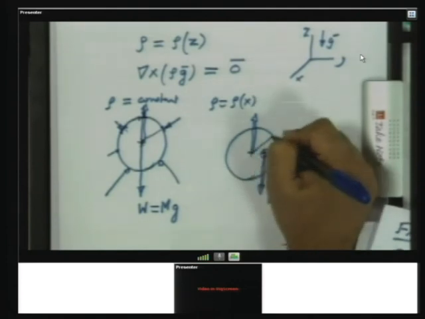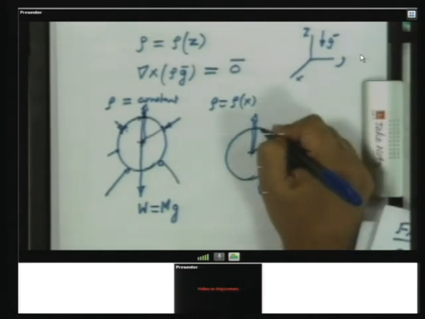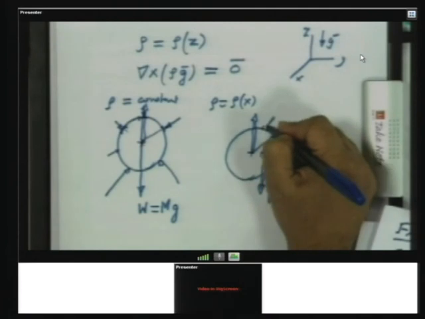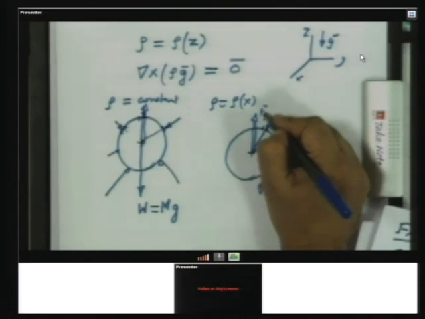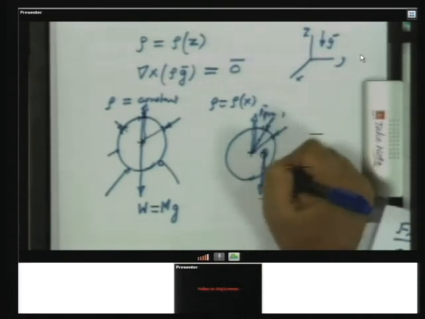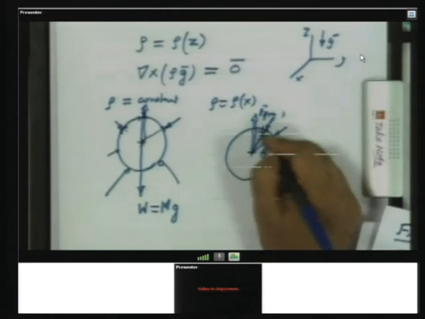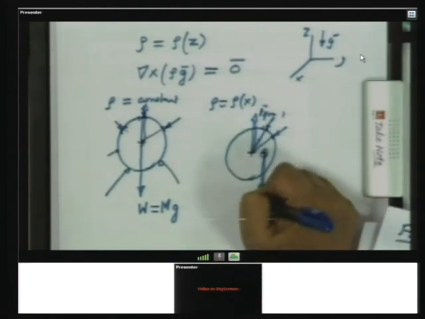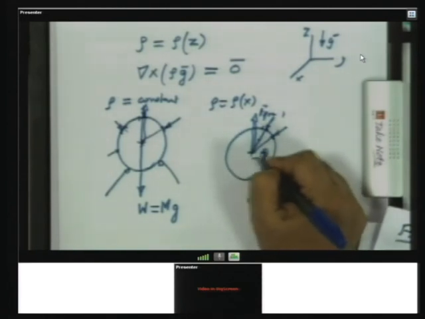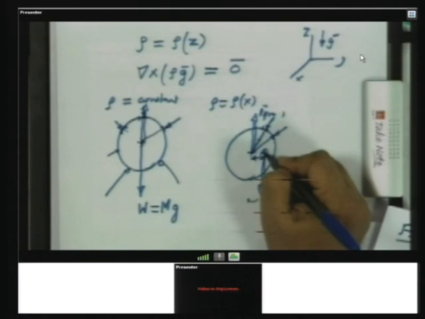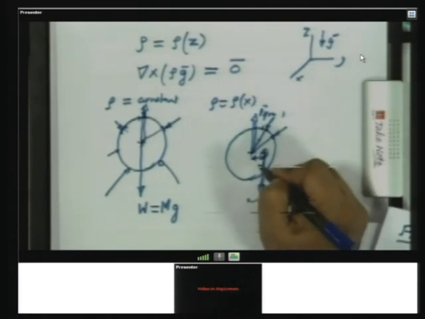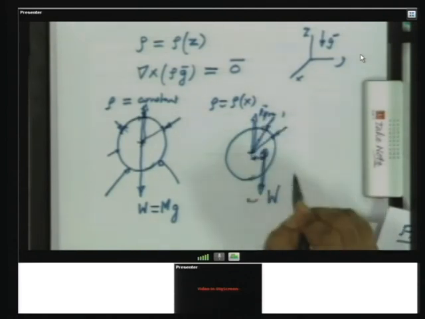The reason being that if you look at the moment of the elemental forces here, they are all in the radial direction and they all pass through this. So, even if this force due to pressure is equal to the weight, there is a couple which is not 0 now, because there is a distance between the point of application of the net force due to pressure and the gravity. So, such a fluid cannot be at rest.